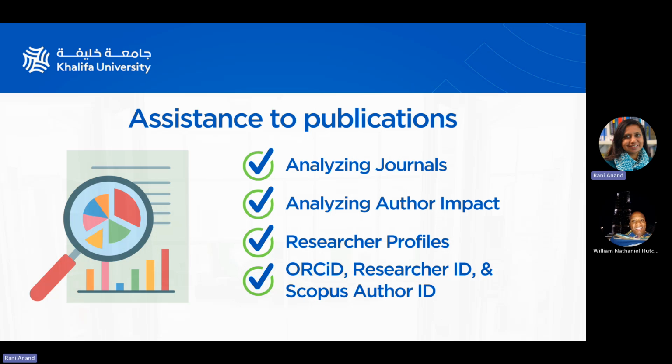Most authors or researchers are keen to know the quartile of the journal to publish their research paper. At Khalifa University, if you want to publish your paper through the university funds, it should be in a top Q1 journal, in the top 15%.